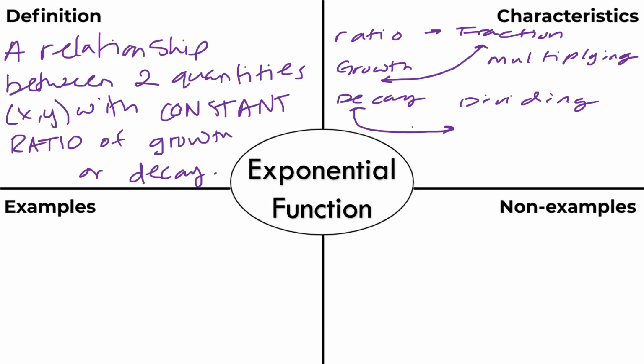Okay. What it creates here is the new word of the day: asymptotic behavior. I'm going to try to write it over here. We have what's called asymptotic behavior.